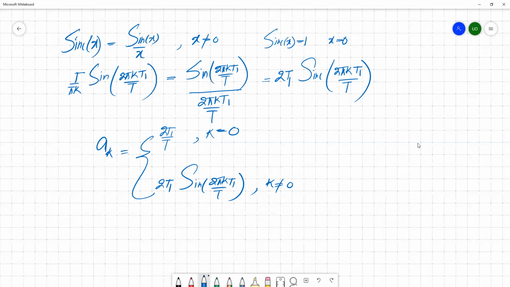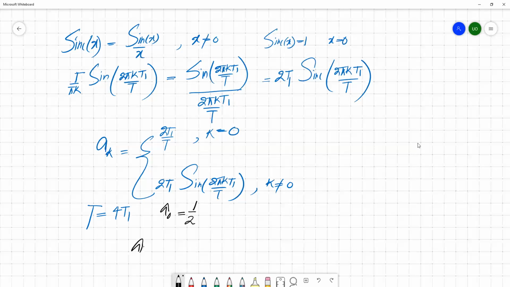We can further simplify this if we have an exact idea about t1 and t. For example, in the example we use this condition: the period t equals 4 times t1. Then a naught equals 2 t1 over t, which is simply half.